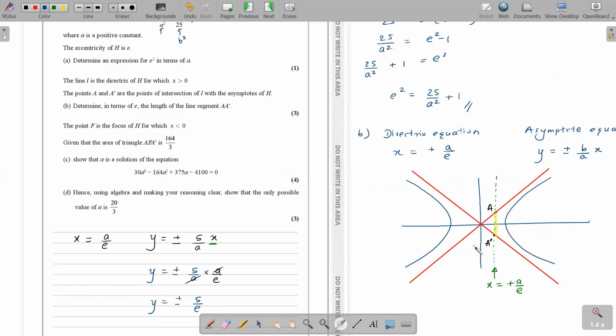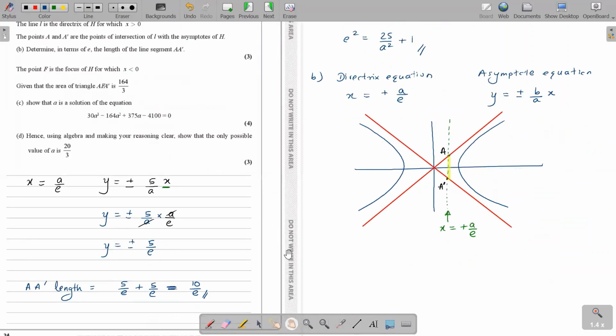It gives you an idea of what's going on. Given that the area of triangle A dash is 164 over 3, show that A is a solution of the equation.